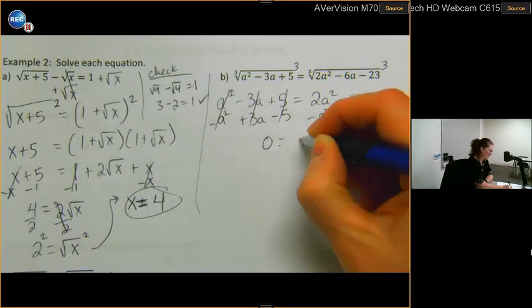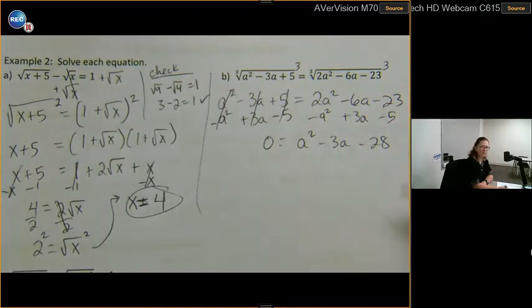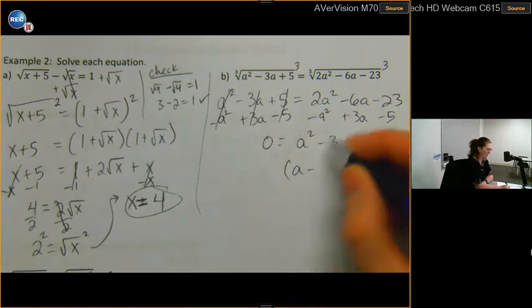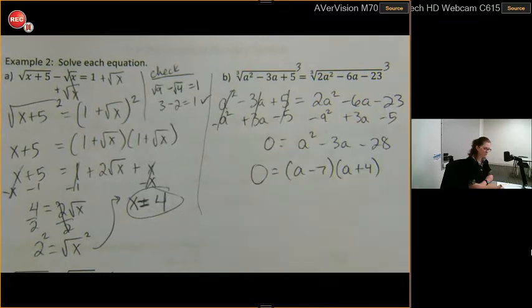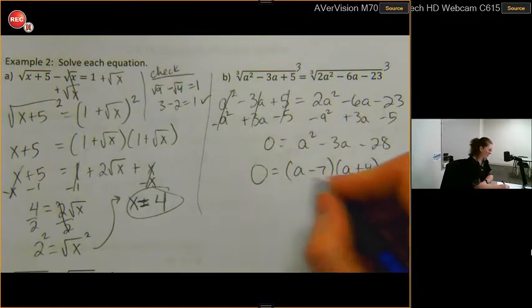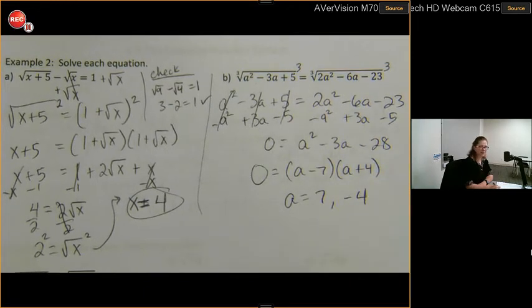So then we have a squared minus 3a minus 28. Factor: two numbers that multiply to -28 and add to -3 are -7 and +4. And then setting each of those equal to 0, I get 7 and -4.